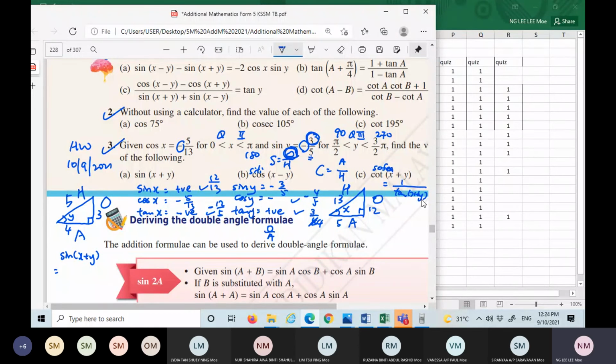Tangent x plus y. Okay, when you put in the tangent x plus y already, you have to turn it upside down. Okay, that is your cotangent. Okay, type in the chat.